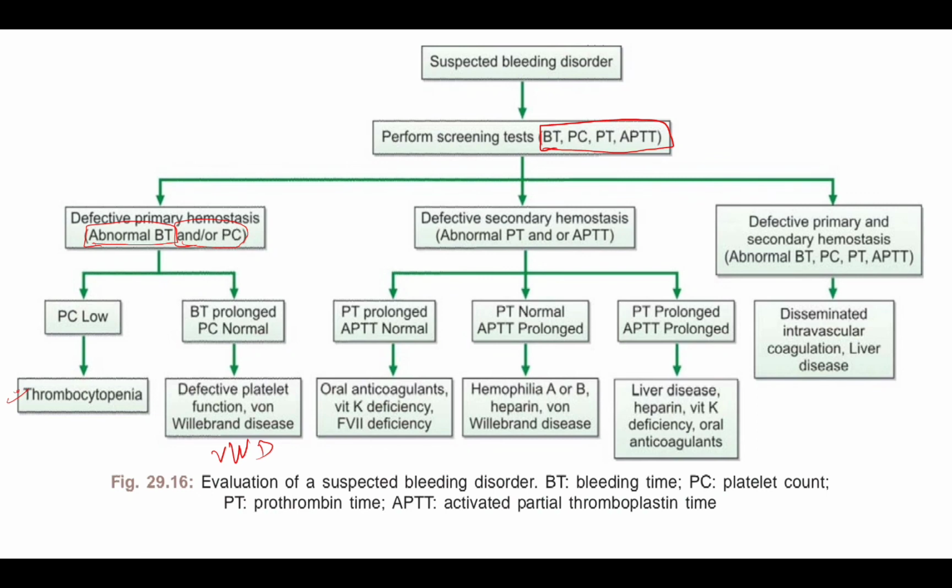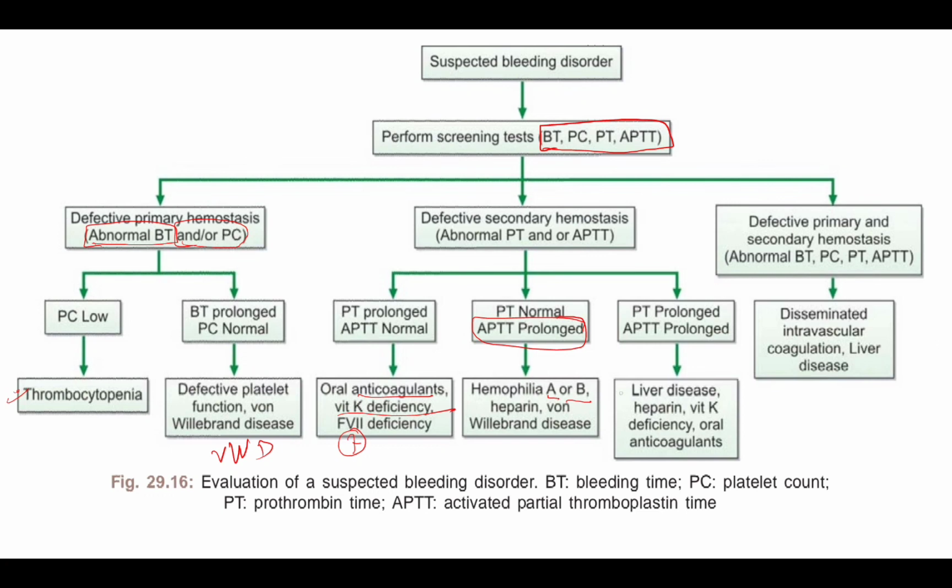Then, if the secondary hemostasis is affected, in that case the PT will be abnormal or the APTT will be abnormal. If PT is prolonged but APTT is normal, it might be due to anticoagulant, vitamin K deficiency, or factor 7 deficiency, as we see in the PT or the extrinsic pathway. But if the PT is normal and APTT is prolonged, which is commonly seen in hemophilias like hemophilia A and B, the isolated increased APTT is also seen in von Willebrand disease.